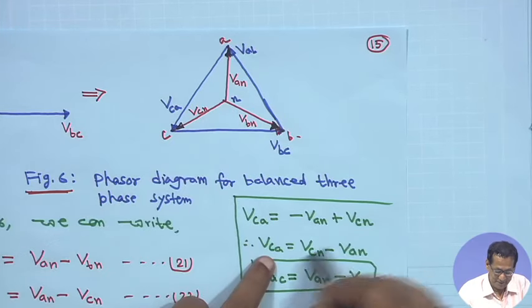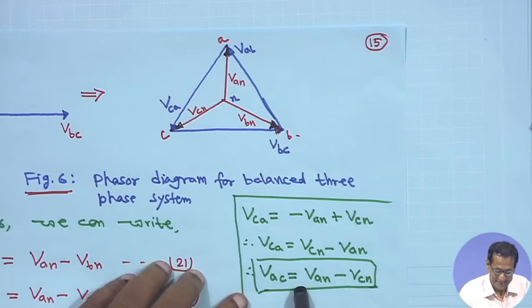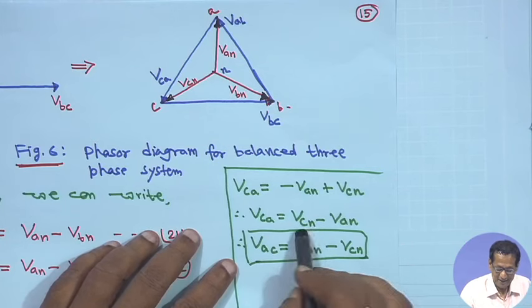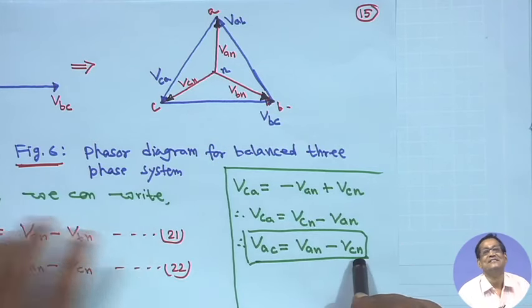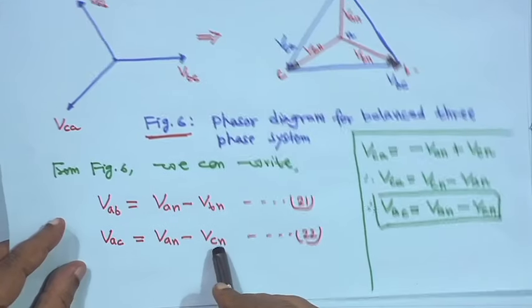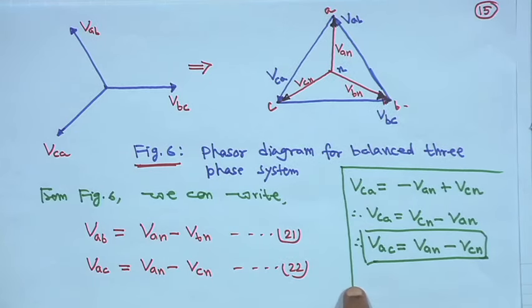Therefore, VCA is equal to VCN minus VAN, but if we write VAC, it will be just opposite. You just interchange C and A, and it will be VAN minus VCN. Therefore, VAC is equal to VAN minus VCN. This is equation 22. I hope there should not be any confusion. I hope you have understood, right.